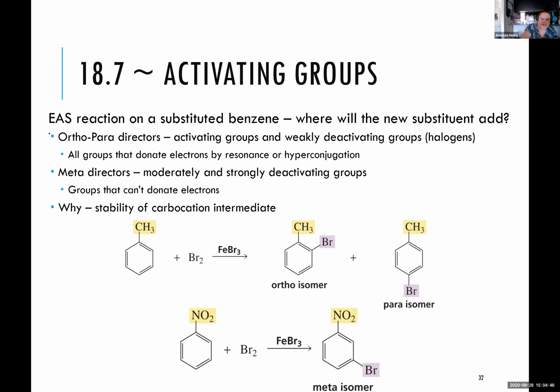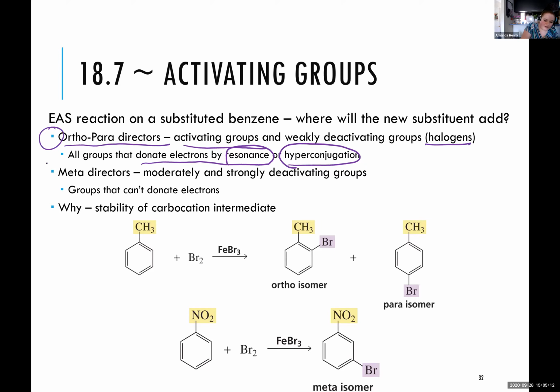Our ortho para directors, and I kind of said all this, activators and halogens, all of these groups are able to donate electrons through resonance or hyperconjugation. So even though our halogens are deactivators, they can donate electrons to the ring through resonance.